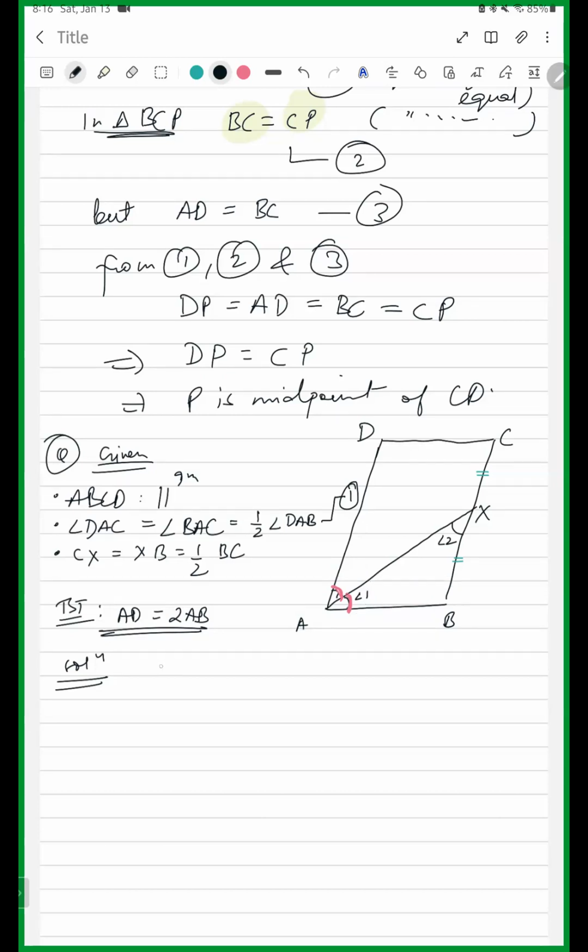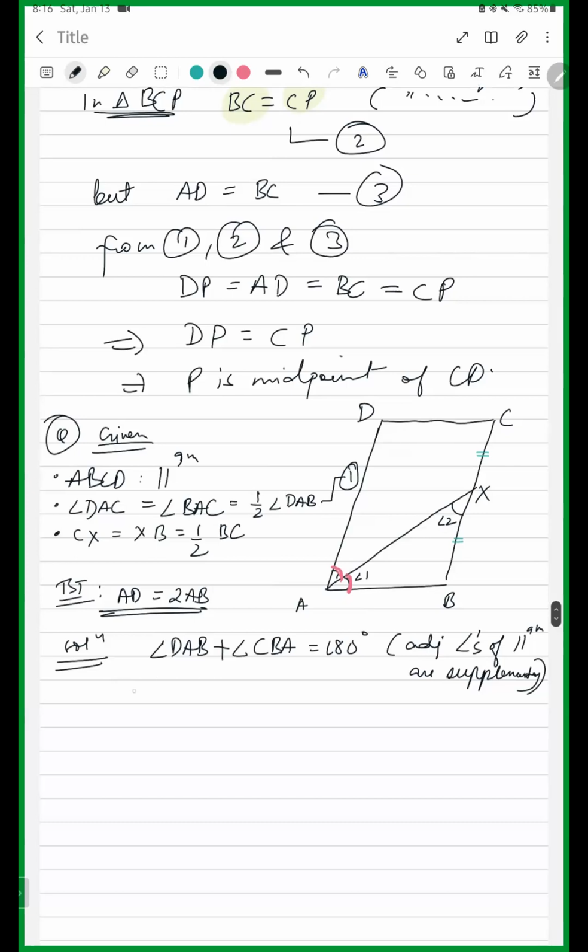So angle DAB plus angle CBA is 180 degrees because adjacent angles of a parallelogram are supplementary, meaning they add up to 180. So that means angle CBA is equal to 180 minus angle DAB.